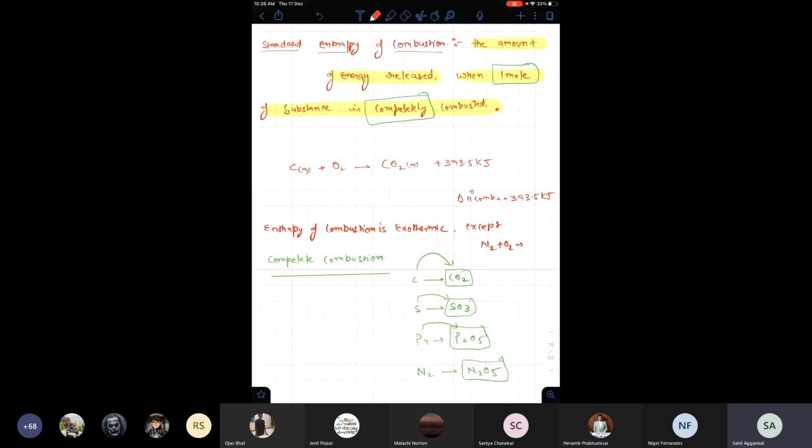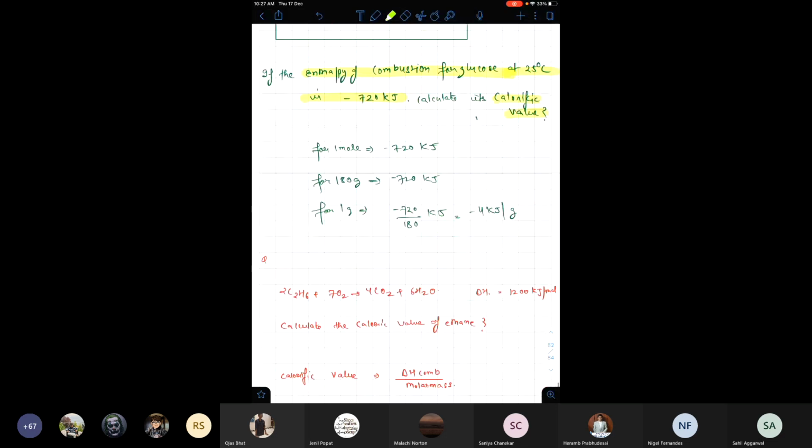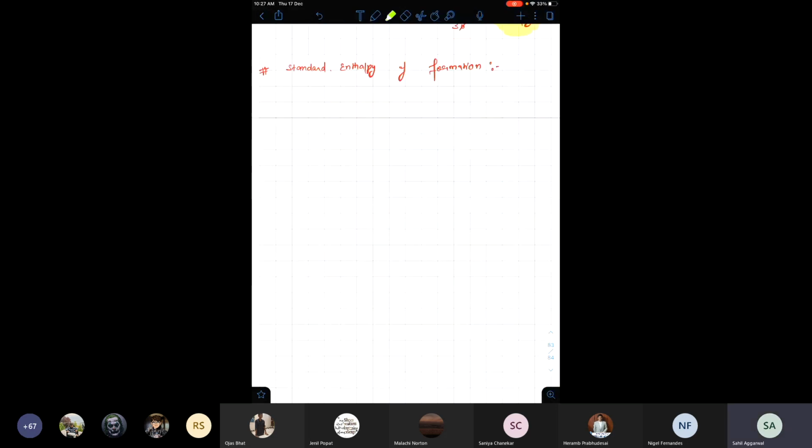This is an endothermic reaction. Always remember enthalpy of combustion will be exothermic. Always energy will be released. Done.